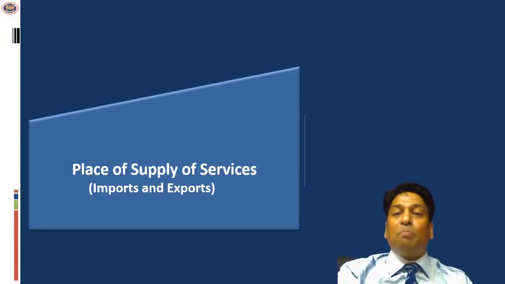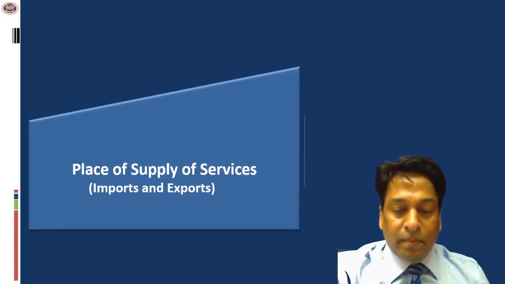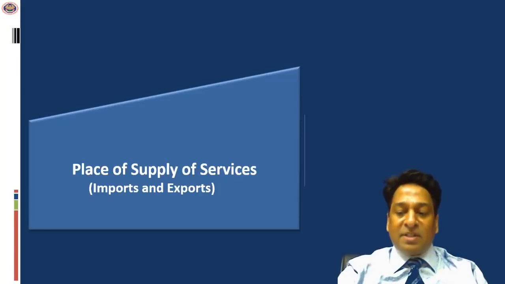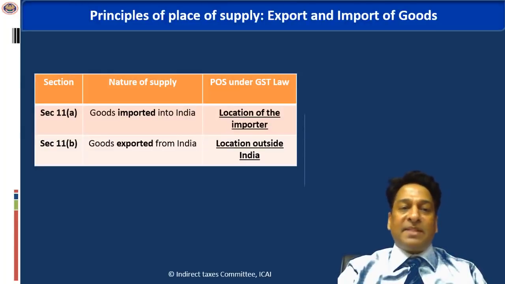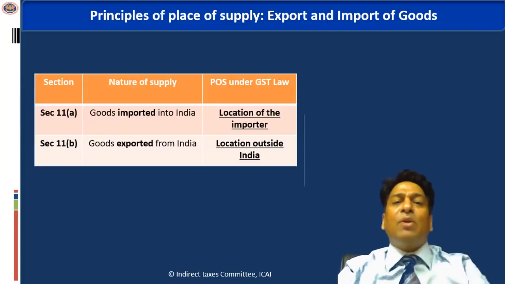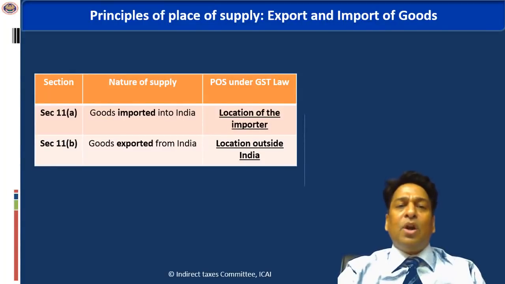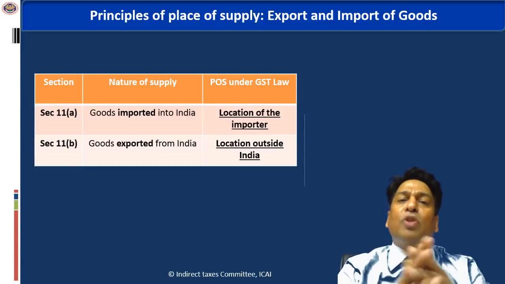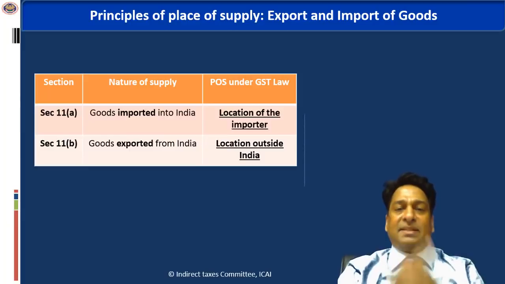Now we are moving to place of supply of services for import and export of services. But before we move, I would like to take all of you through place of supply for export and import of goods in the first place.